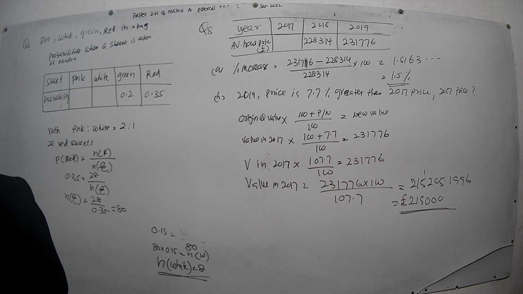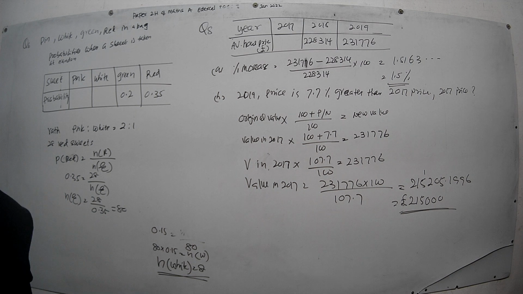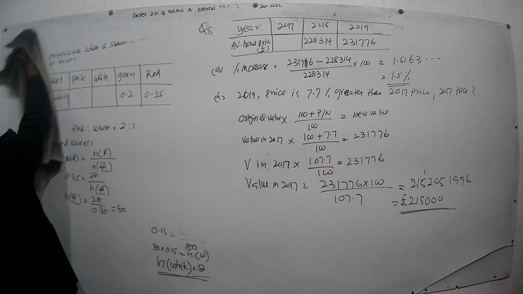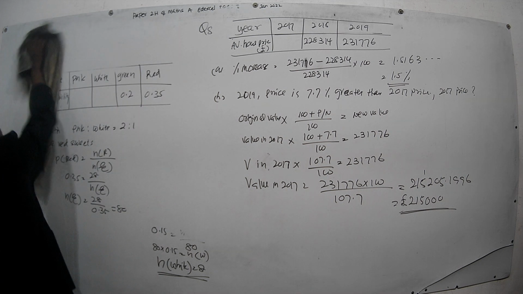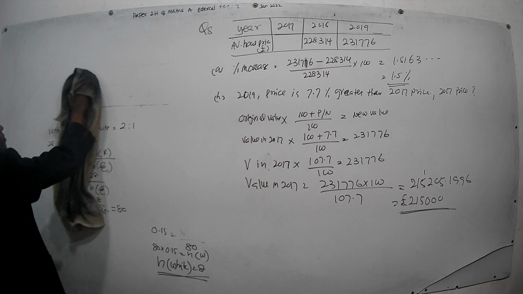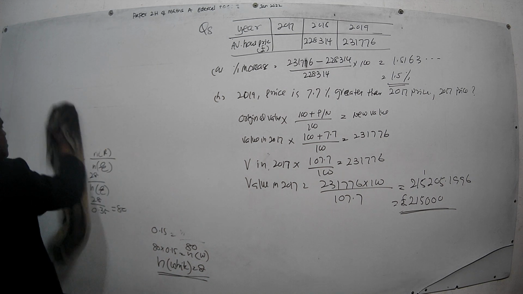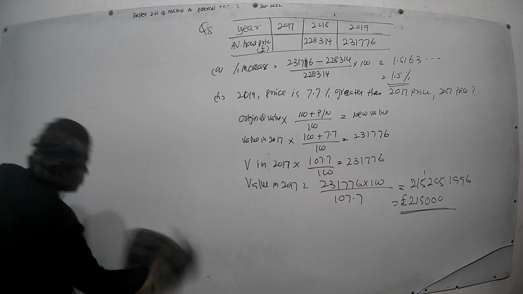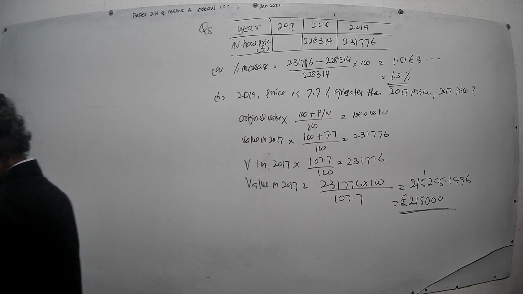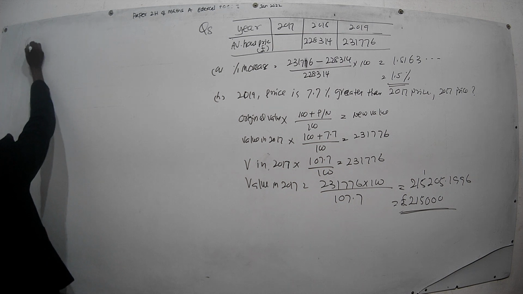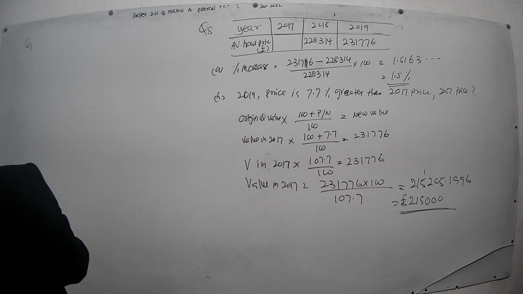Then next question, Question 9. The frequency table gives information about the number of points scored by a player.